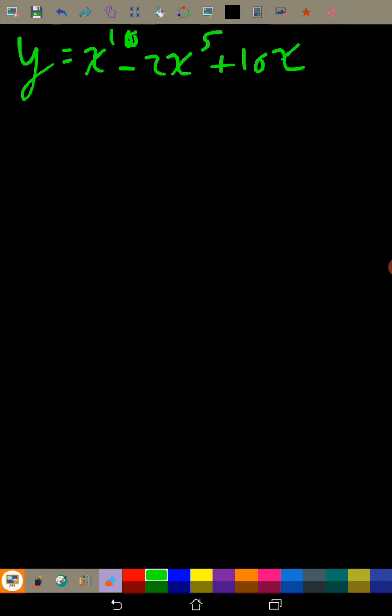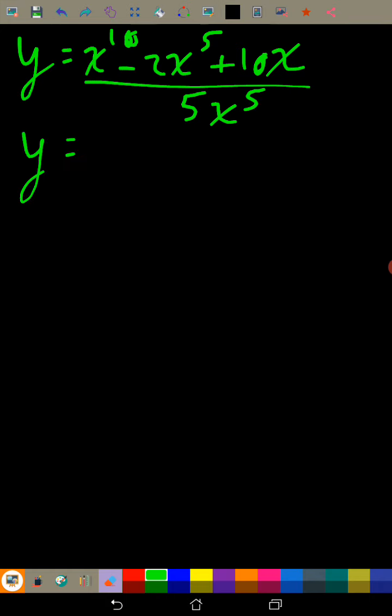And we have here y is equal to x to the power of 10 minus 2x to the power of 5 plus 10x, divided by 5x to the power of 5. So this should be easier. So we have 5 here.